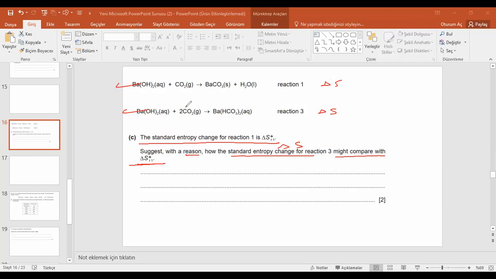Guys, as you see here in reaction 1, we have an aqueous compound reacting with CO2 to give us this. And here we have this compound reacting with two CO2s. Two CO2 molecules are being consumed here.